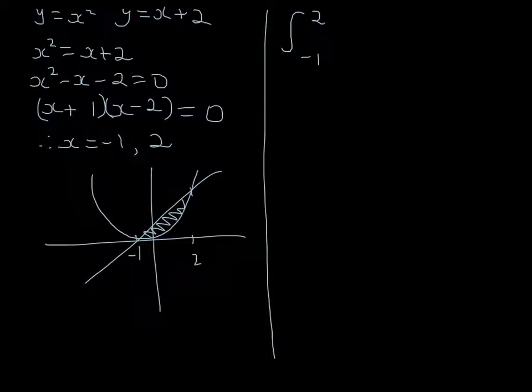Now it's important you put them in brackets, just in case the signs change, which it's not going to do in this case. The curve on the top goes first, so in this case it's x plus 2, minus, and now we can set up another integral, and they should both have a dx after them.